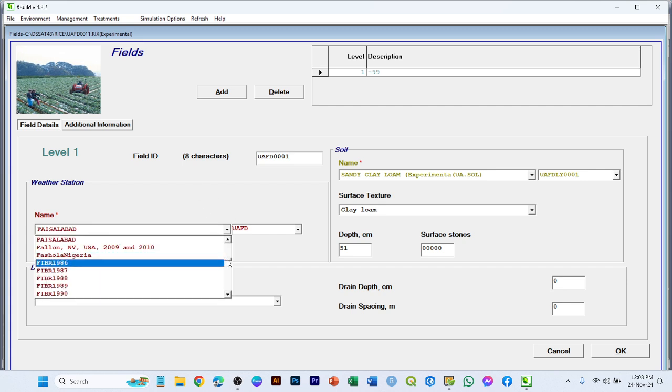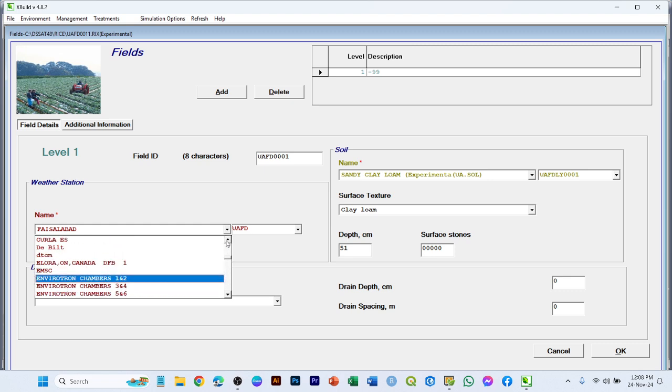Otherwise, these are all the locations, all the weather files that are inbuilt in the DSSAT model. So we have to select our own file from there. Understand? When you put the weather file over here, the code will automatically be there. If you click on the right side, these are the codes. These are the codes of the Faisalabad location only.